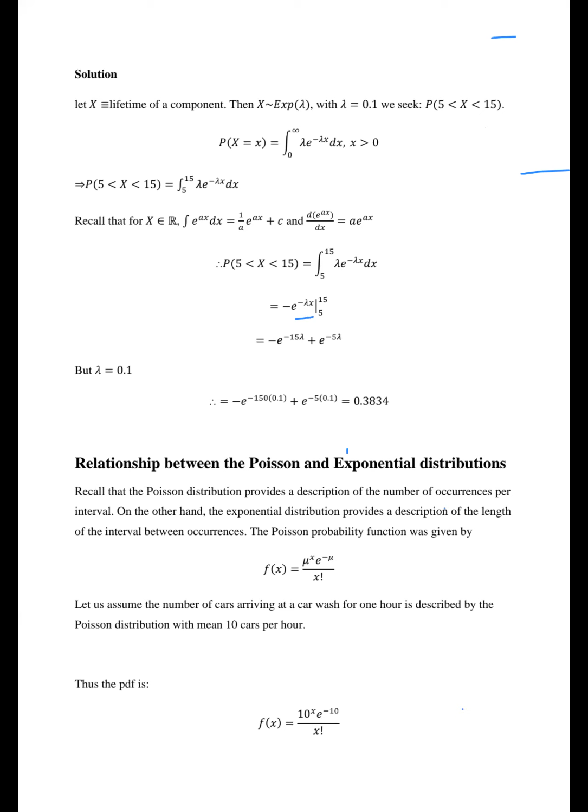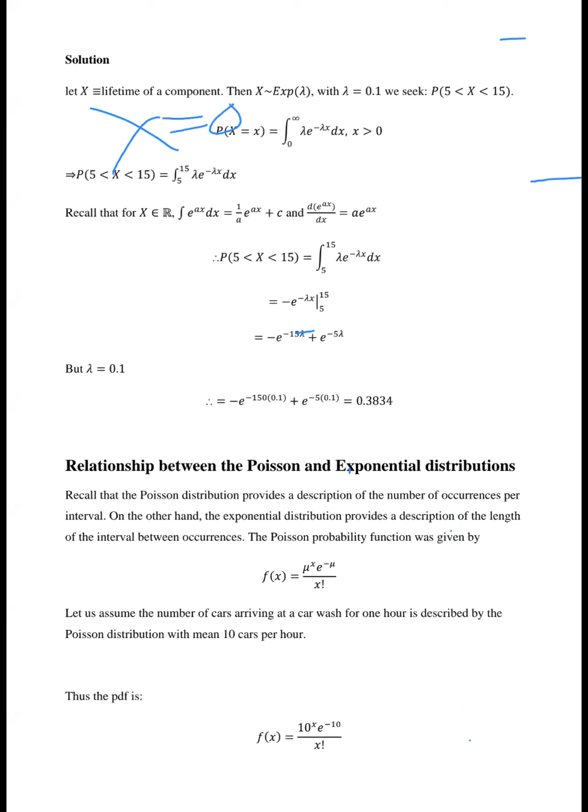So you are given that the random variable x, the lifetime of a component, follows the exponential function, and our lambda has been given as 0.1, with the time period from 5 to 15 hours. So here is what you do from here.